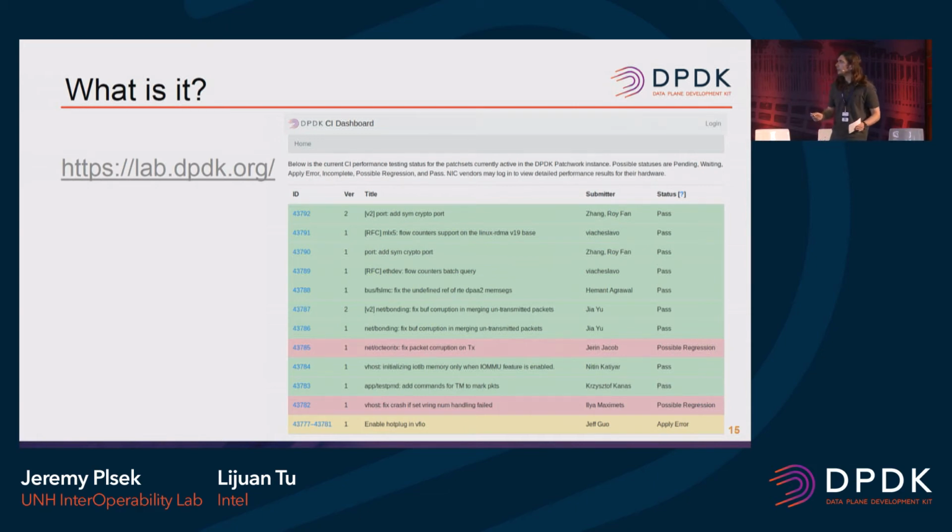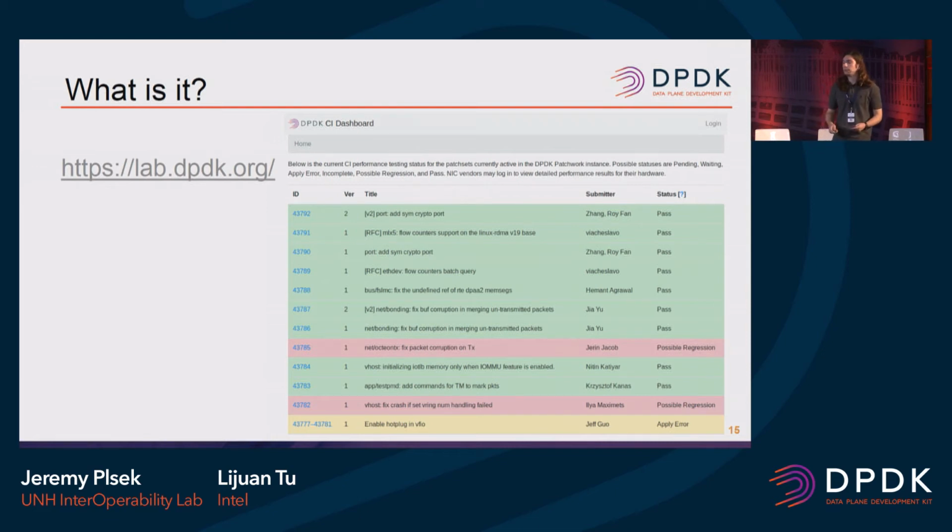It is just meant to compare whether patches have a performance degradation or if they're just fine. It uses the Patchwork API, so every patch that gets submitted to Patchwork under the new or RFC or some other specific tags will automatically run on the dashboard.